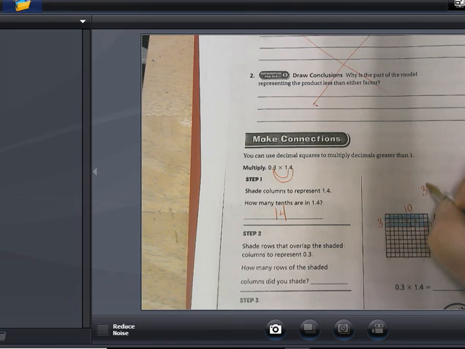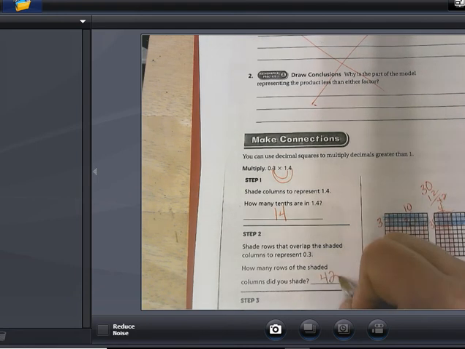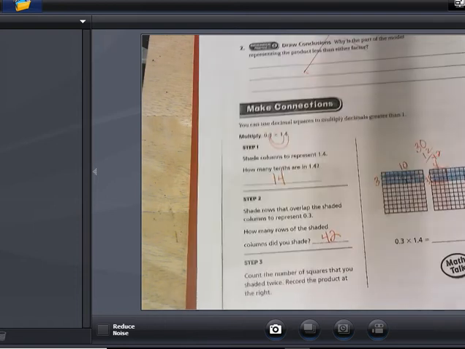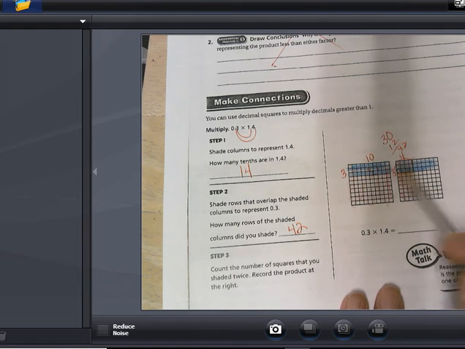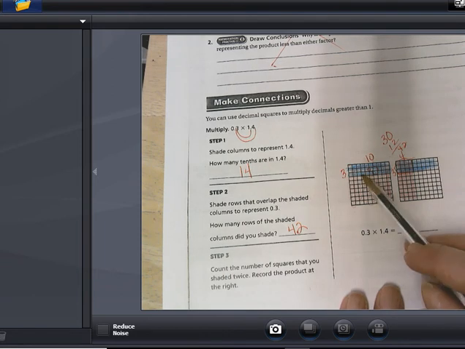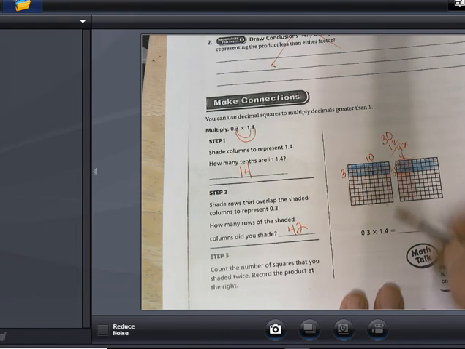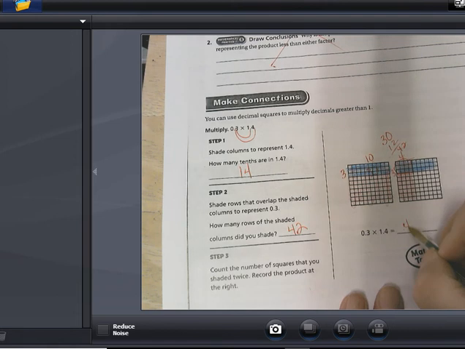So 30 plus 12 is 42. There are 42 squares shaded. And last, how much is it? Well, I have 42. I don't have tenths, I have 42 hundredths.